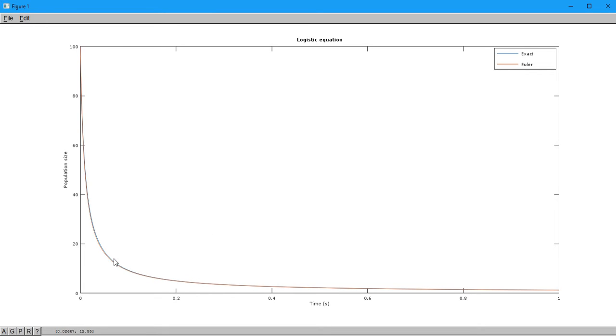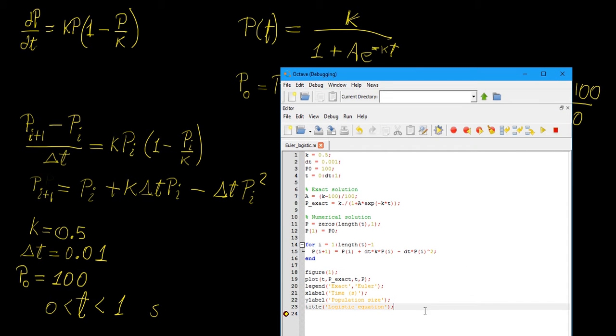Now, obviously, if we wanted to quantify how much it differs, we would plot the relative error. So we can do that here. We can write another equation. Before the figure, I just want to put all the figures down below. So let's say error, and we're going to use the relative error again.